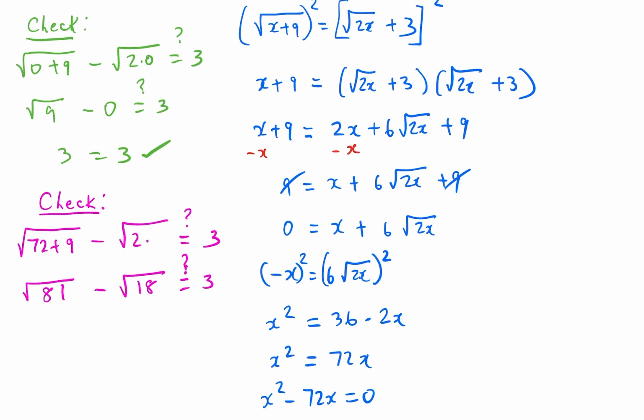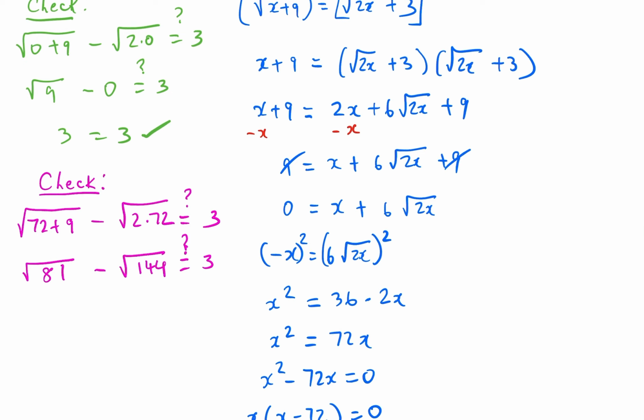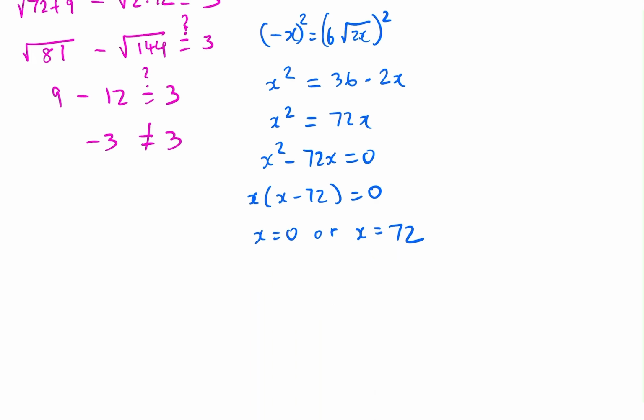This here is not 9, it should be 72. My apologies. So 2 times 72 works out to be 144. Okay, now square root of 81 is going to be 9. Square root of 144 is 12. And does that equal 3? The answer is no, because 9 minus 12 does not equal 3. Okay, so what that means is our solution is x equals 0 only.